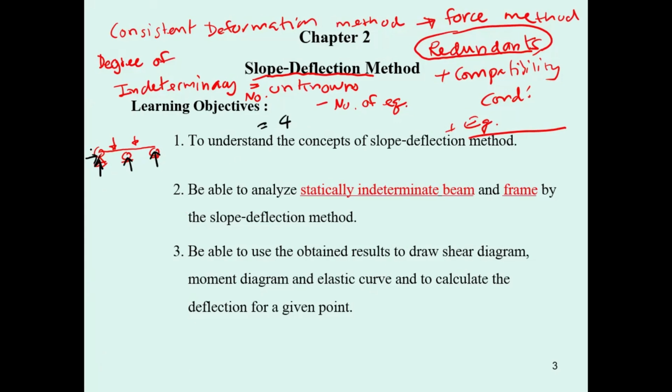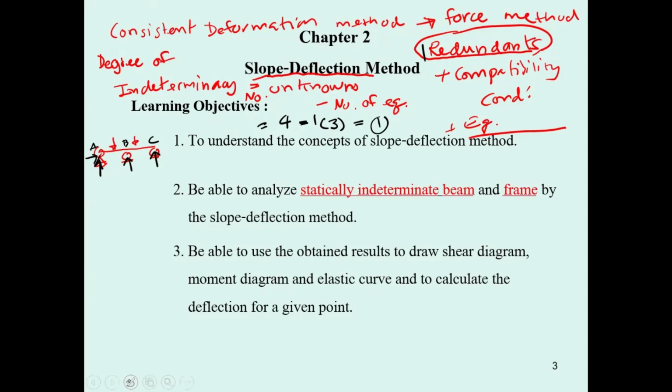And then the beam is continuous from A, B, C. So you are going to minus 1 free body diagram times 3 equations. The degree of indeterminacy of this beam is going to be 1. So it requires 1 redundant in order to solve this problem.